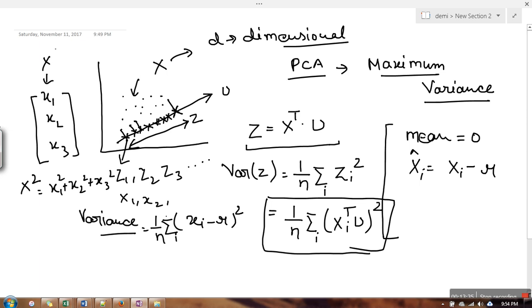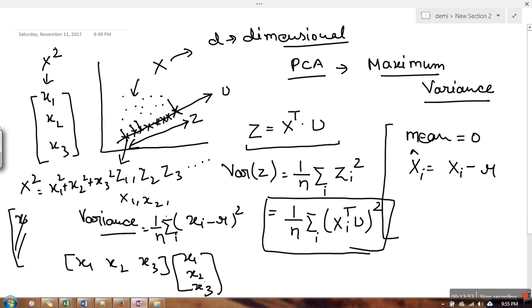In order to perform x square, which is equivalent to this one, I can multiply this matrix x1, x2, x3 with this matrix, and it will give you the same term. In other words, if I want to compute the square and x is in the form of a matrix, I can write it as x transpose x. Let me take another page.